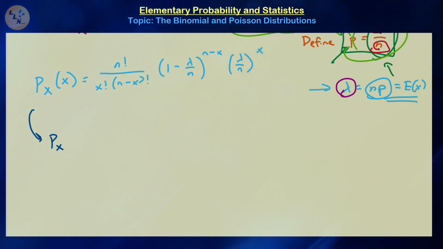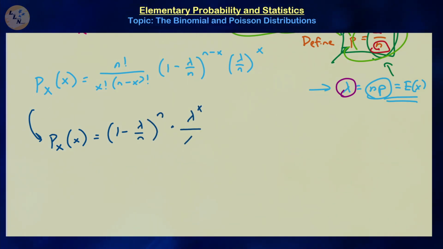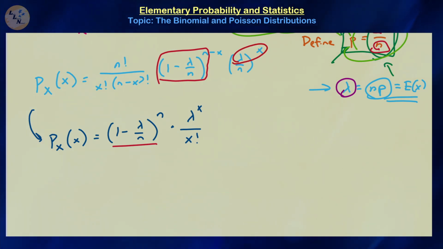If you rearrange this formula, you're going to have 1 minus lambda over n to the power of n times lambda to the power of x over x factorial. So this is 1 minus lambda over n, that's this piece. Then lambda to the x over x factorial, so there's our lambda to the x and our x factorial, so everything's accounted for, at least almost.